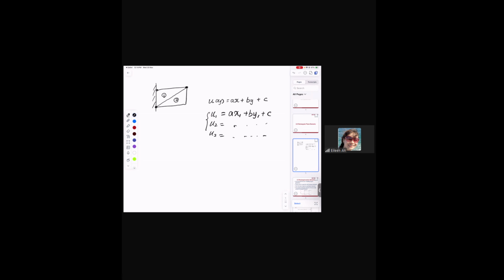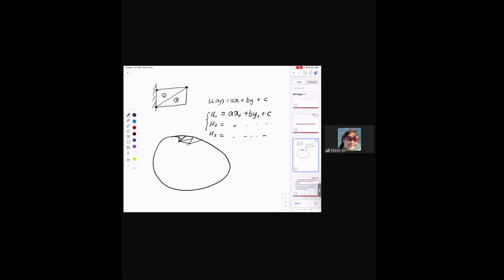Now, assume that we have a big 2D problem, and you may need to use thousands, even millions of triangle elements to solve the problem. Then, think about how many calculations you need. For each of the elements, you have to calculate the a, b, c for the element, and you have millions of elements.